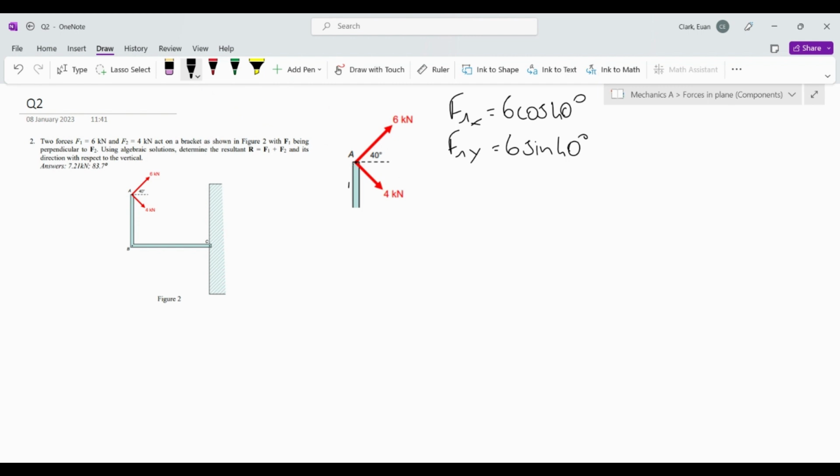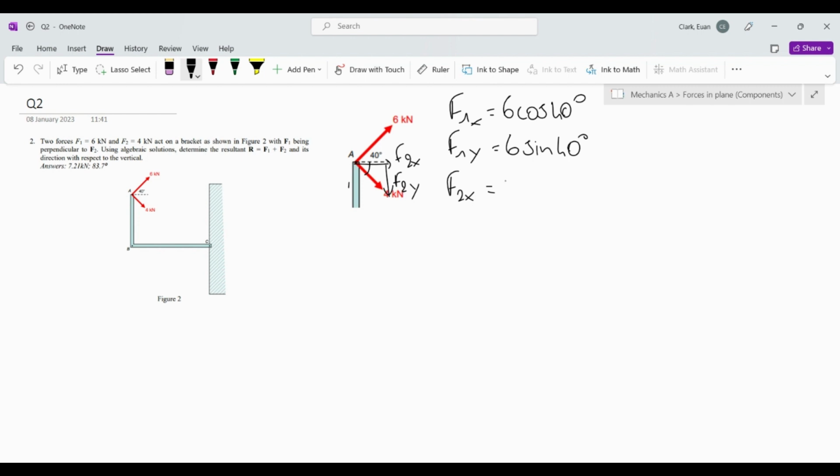Now we are looking for the 4 kilonewton force, F2. So same thing again, we're going to have F2x over here, and then going down we have F2y. Actually, the angle here, we've been told in the question that F1 and F2 are perpendicular to each other, so this angle is simply 90 minus 40, which is 50 degrees.